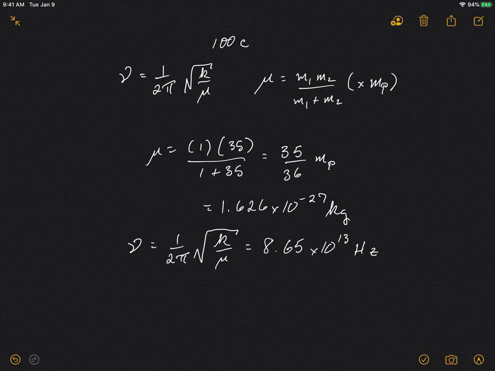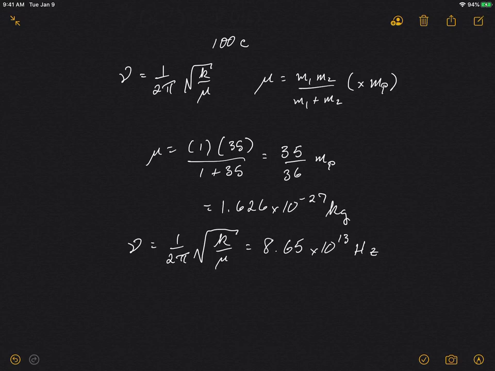Okay, and so let's pause, and this gives us an order of magnitude that we should carry with us going forward. Roughly, vibrational frequencies are within an order of magnitude or so of 10 to the 13 hertz. So that's a very high frequency. Audible frequency is 20 hertz to 20 kilohertz.